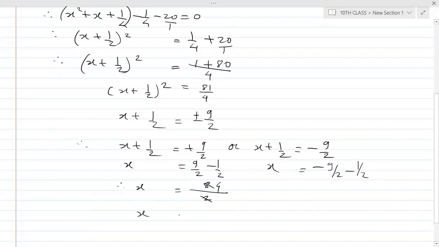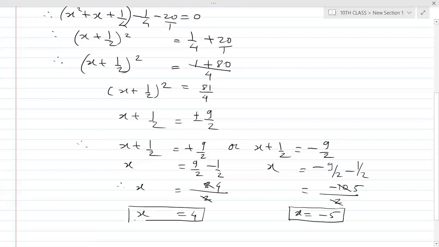We got x equals 4. And here denominator same, minus 9 minus 1, that is minus 10. 2 5s are 10. Here minus 5. So thus we got two roots of the equation, x equal to 4 and x equal to minus 5, by completing square method.